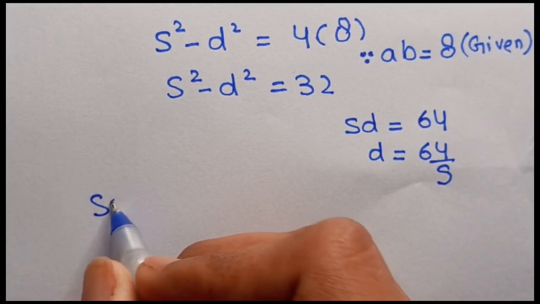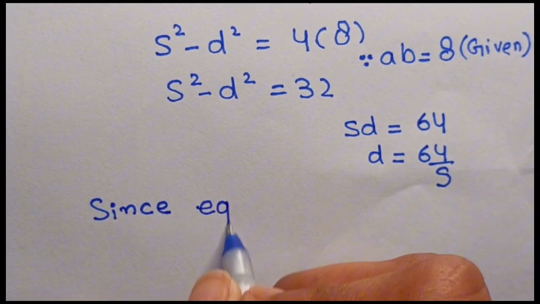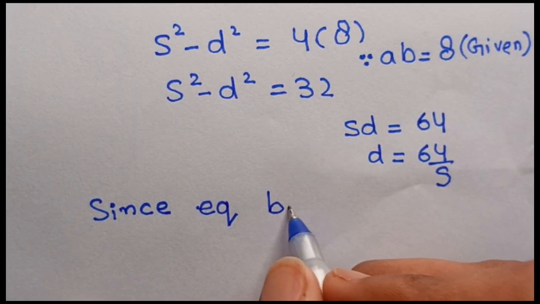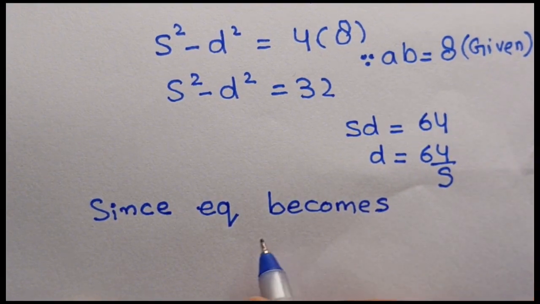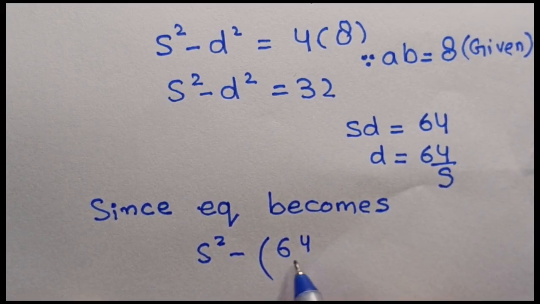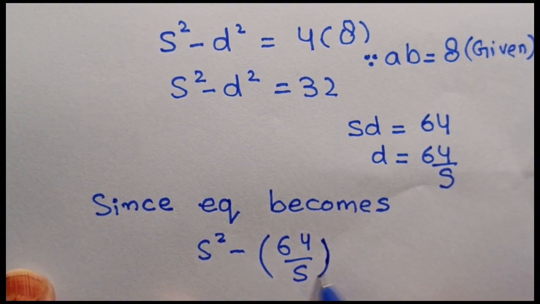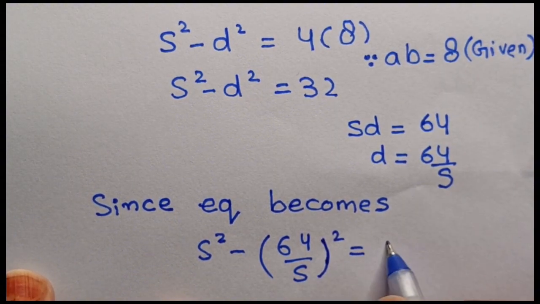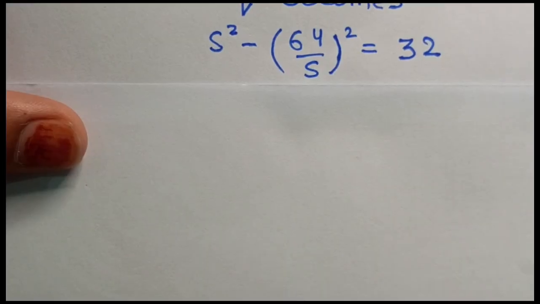d is equal to 64 over s. So the equation becomes s square minus, putting the value of d, 64 over s whole square is equal to 32.